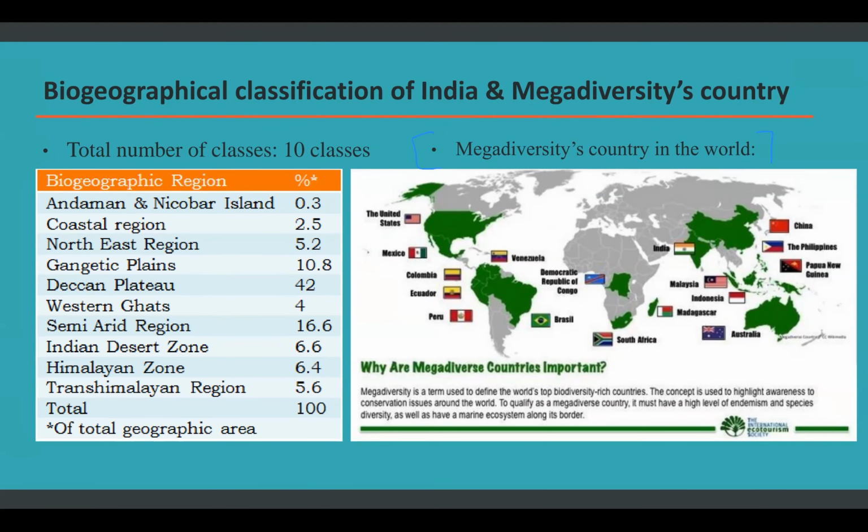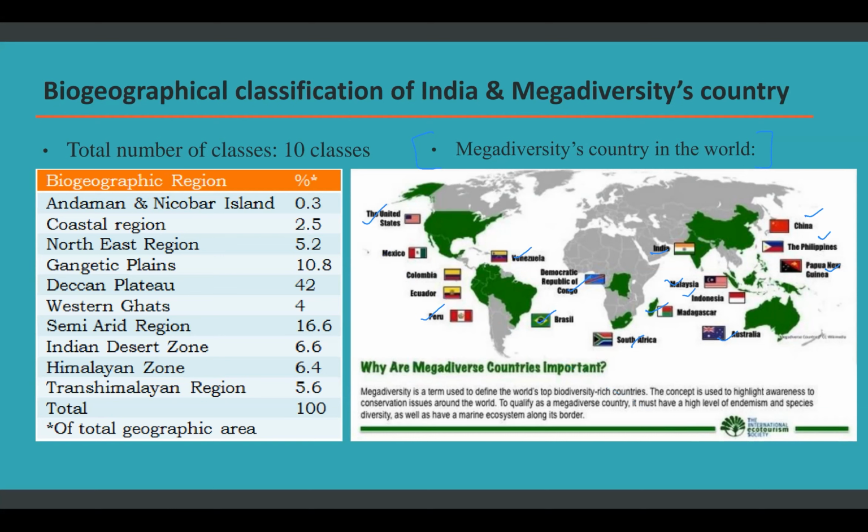That is the United States, then we have Mexico, Colombia, Ecuador, Peru, then Venezuela, Brazil, then Congo, South Africa, Madagascar, Australia, Indonesia, Malaysia. India is also one of the megadiversity countries. Then we have China, Philippines, and Papua New Guinea. So these are the total 17 important megadiversity countries all over the world.